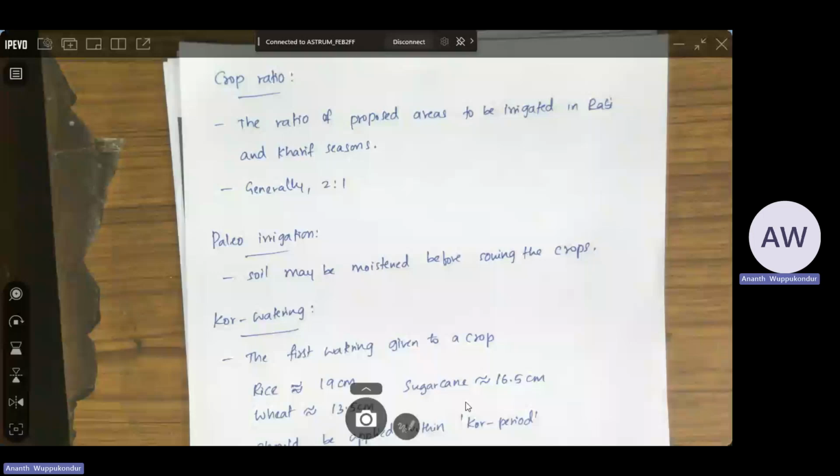And we can also classify the crops based on the irrigation requirement.